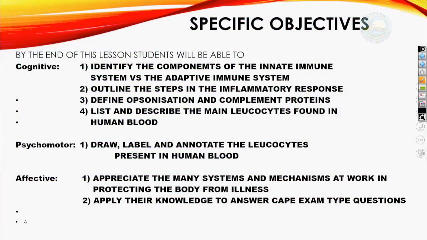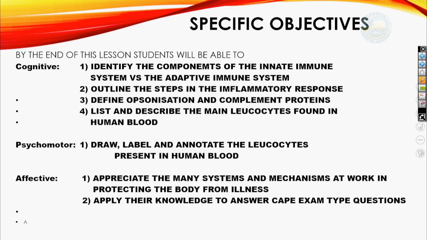Appreciate the many systems and mechanisms that work in protecting the body from illnesses. So you're looking at all of these systems and how they're working together. When we interact with pathogens, as we always do, we are always interacting with pathogens. Pathogens are all around us. They are in our body, they are on surfaces, in the foods we eat and so on.